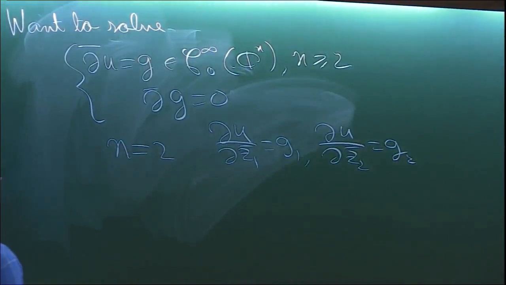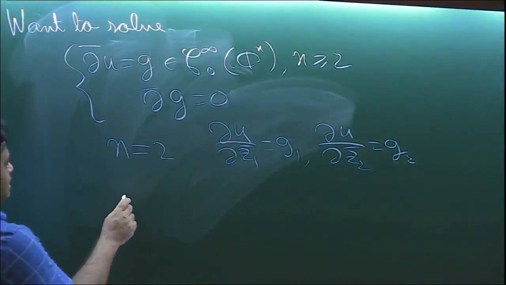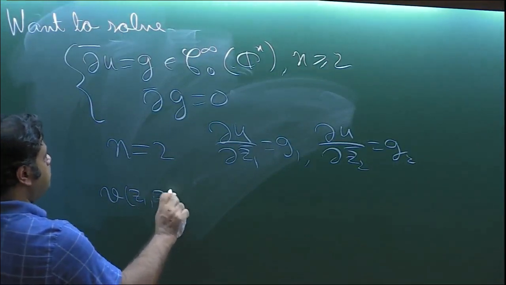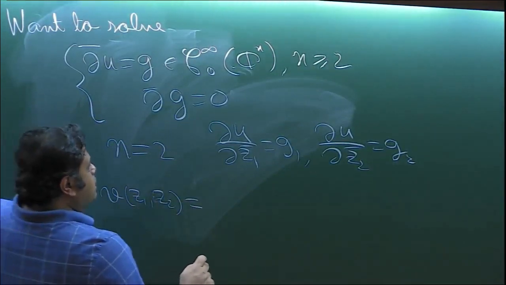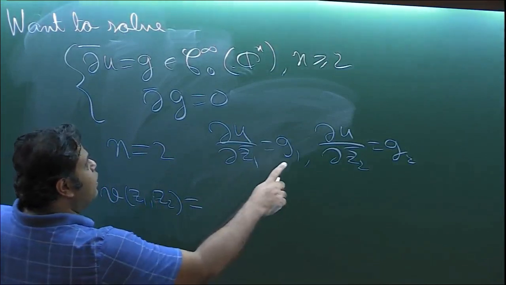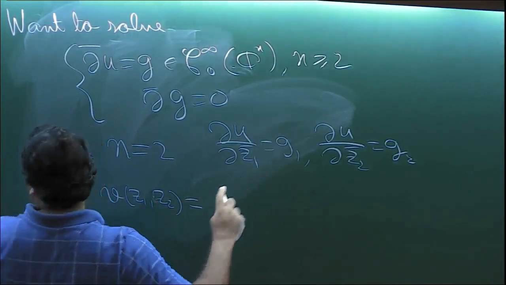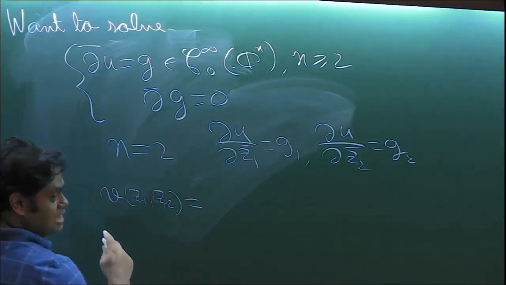Then I try the function v of z1, z2, which is obtained by convolving only in the first variable with g1, the special fundamental solution that we chose there.